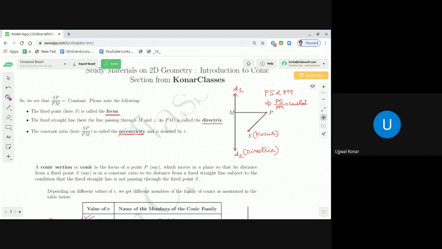That is, if SP is the distance from the variable point to the fixed point, that is focus, and PM is the distance from the variable point to the straight line, that is directrix, then SP by PM is known as the eccentricity. I repeat, SP by PM is known as the eccentricity. Now, depending on the values of this eccentricity, it qualifies to be either a parabola or an ellipse or a hyperbola. This is the second point we have learned.